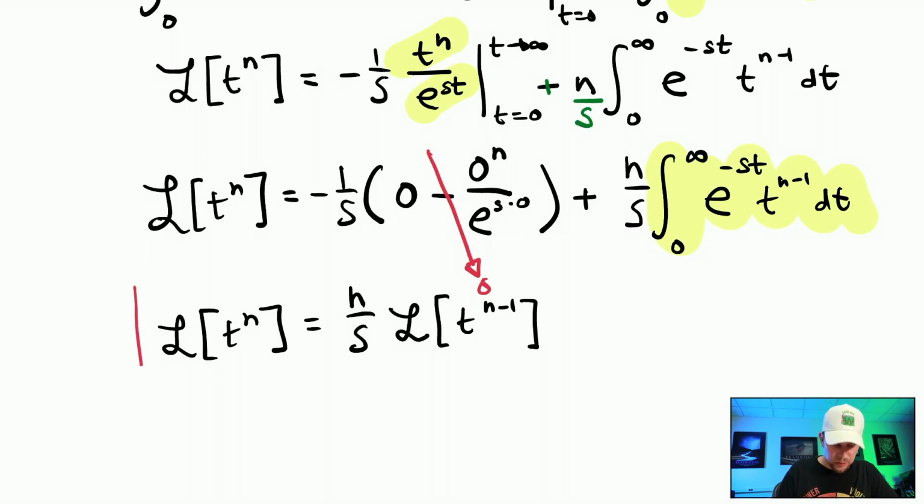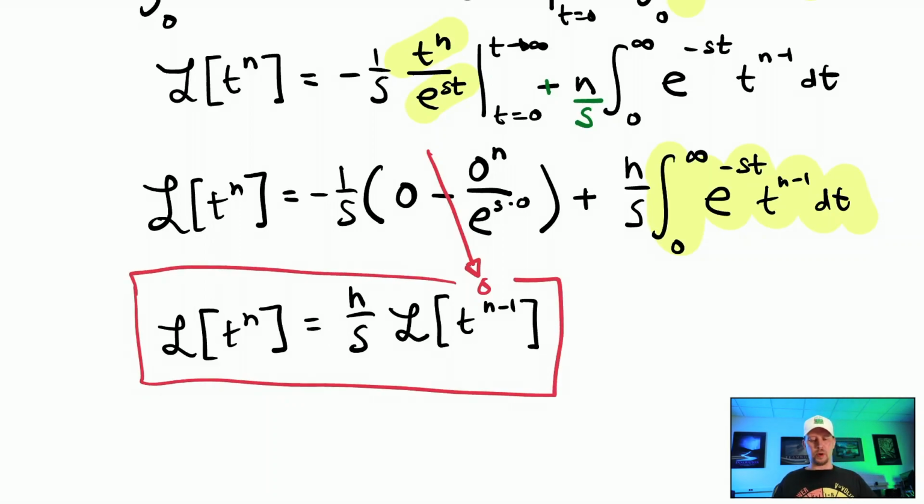And this is the relationship that I really want to concentrate on. This is actually what's going to end up giving us the result that we're looking for. This right here, even though it doesn't look like much of an improvement, notice that it's what we call a recursive relationship.